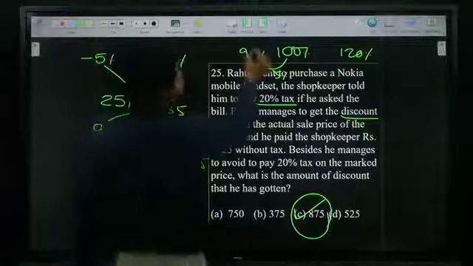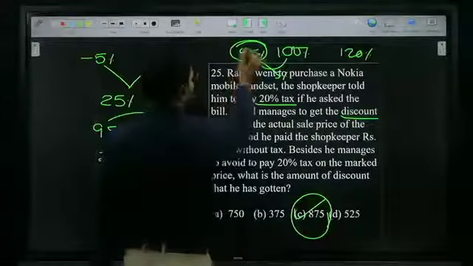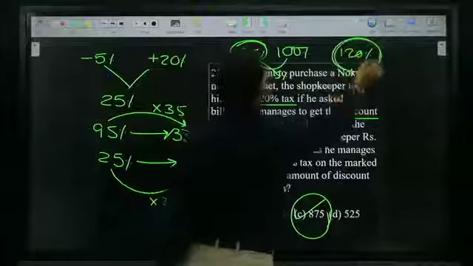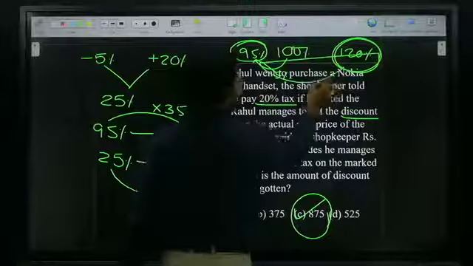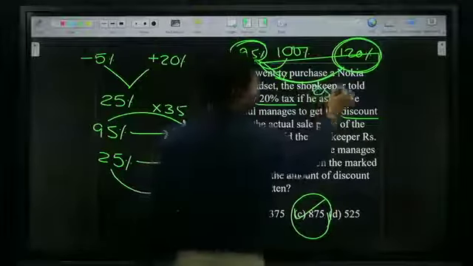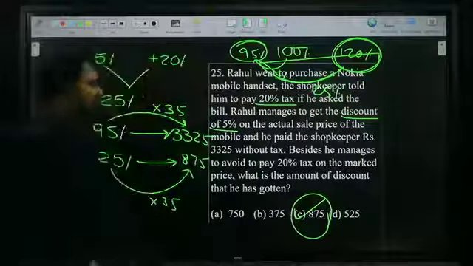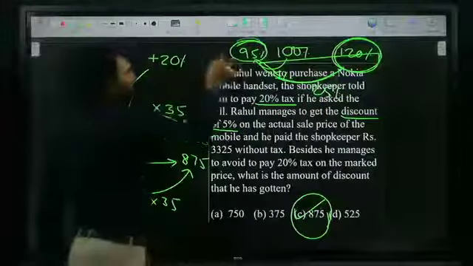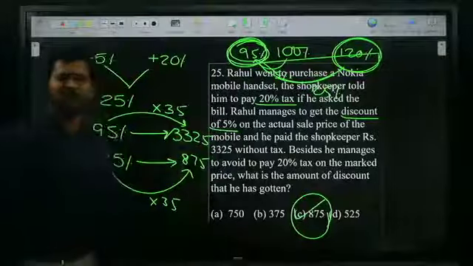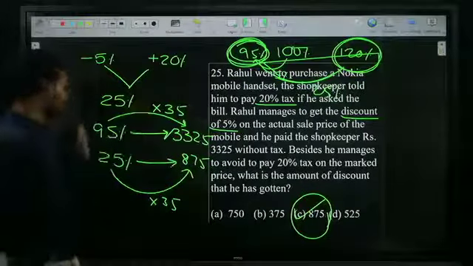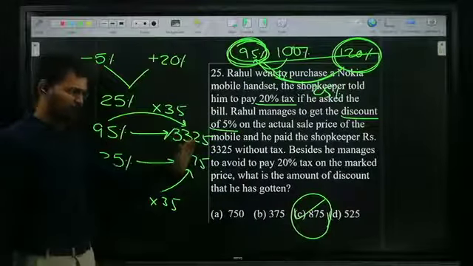The difference between Rahul's view and the shop owner's view is 25%. Finally, Rahul paid only 95%, and 95% is nothing but 3325.